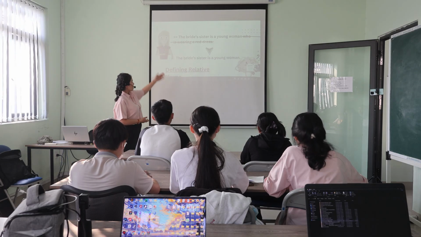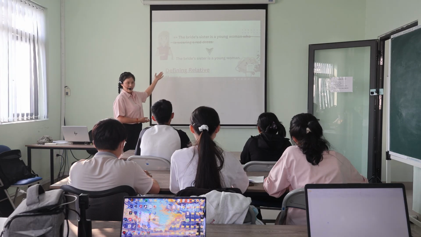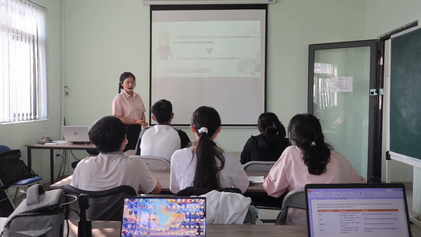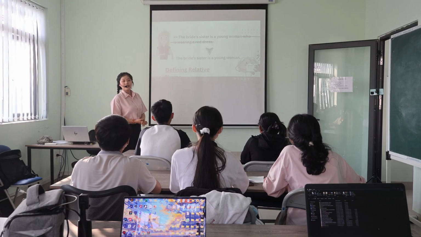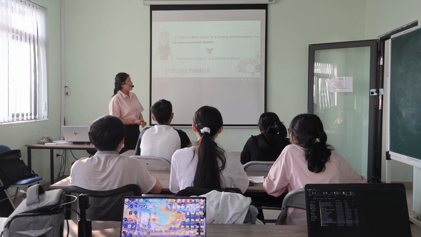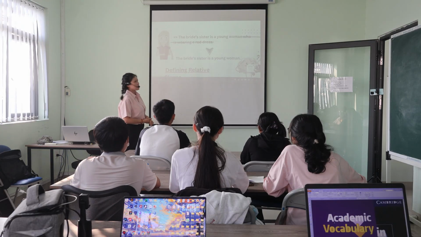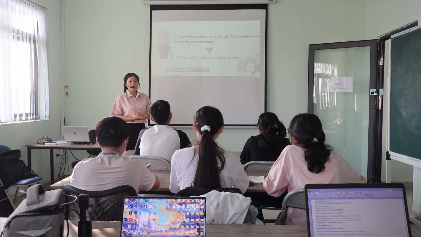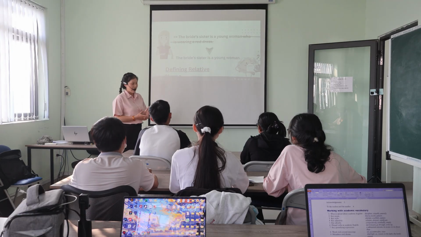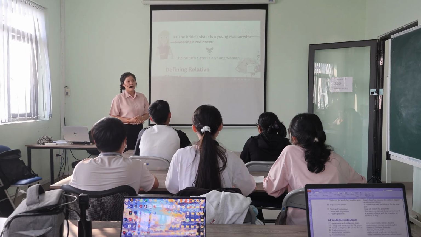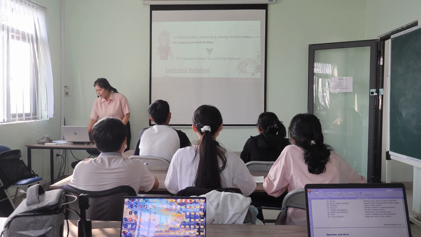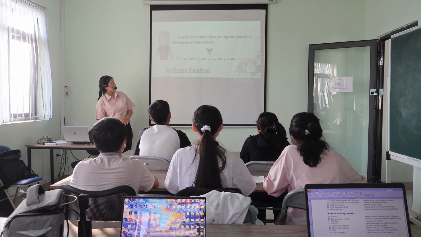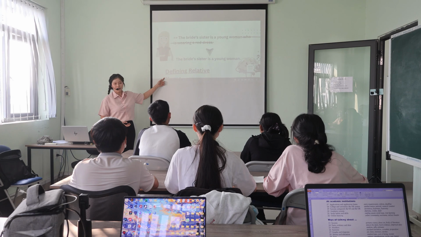Does this sentence make sense? Yes or no? No. Why not? Because the phrase young woman is so general. It doesn't give us specific information. We can't identify who is the right sister. We call this type the defining relative clause.